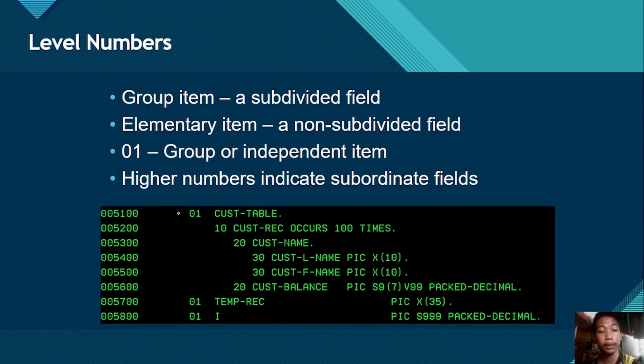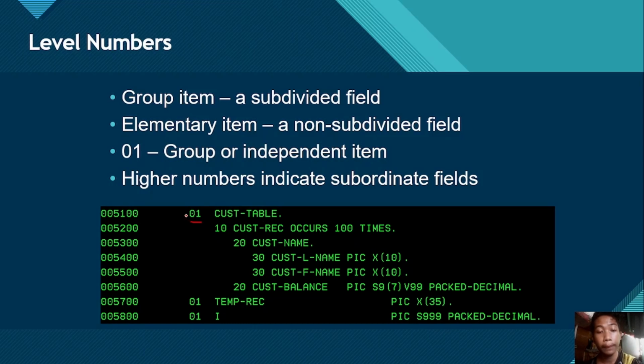So yeah, as you can see in this example, the higher it goes, the more it is subordinate to the lower number. So we use 01 since it is a group. As you can see, customer table.